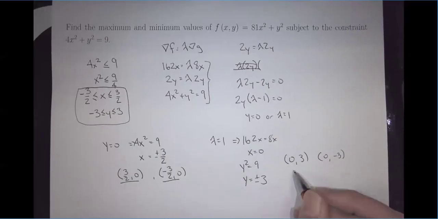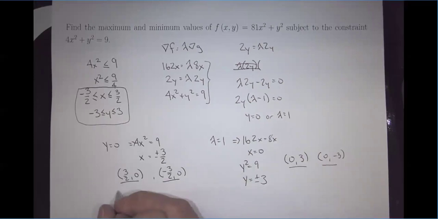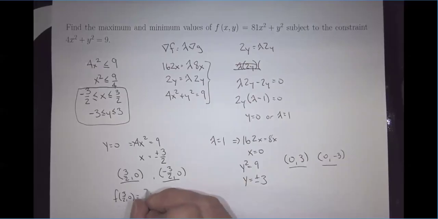1, 2, 3, 4. I didn't do a good job of putting them in any sort of order here, but f of 3/2 comma 0, if we plug that in to our original function, we get 729 over 4.